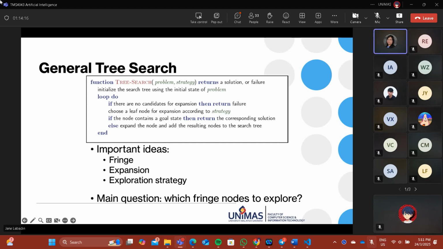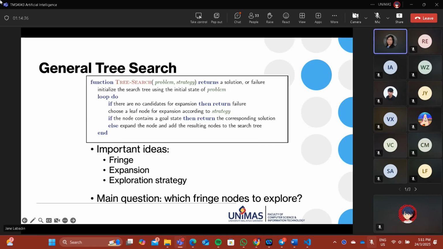And the first thing you have in the body of your function would be, of course, to initialize the nodes in your tree, knowing what your initial state is. Then you go one by one.